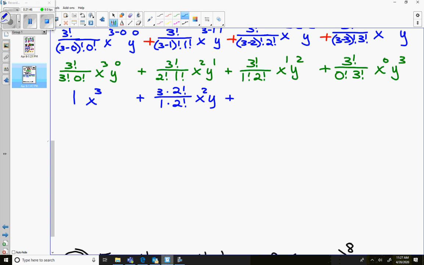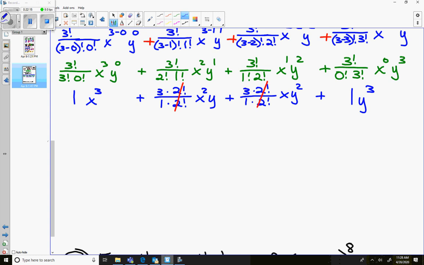Now, hopefully you are noticing that this is basically the same exact thing. Now, the x's and y's and their exponents are different, though. And once again, 3 factorial over 3 factorial, 0 factorial is just 1. I'm not going to write the x to the 0, y cubed. Those cancel, those cancel.